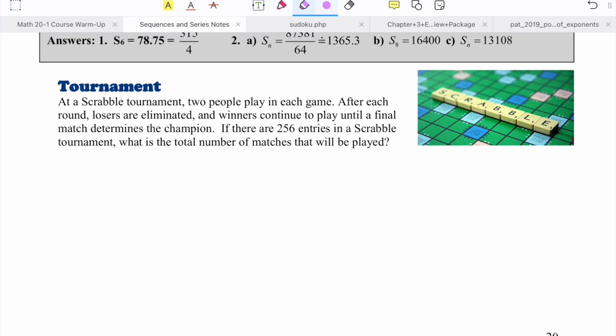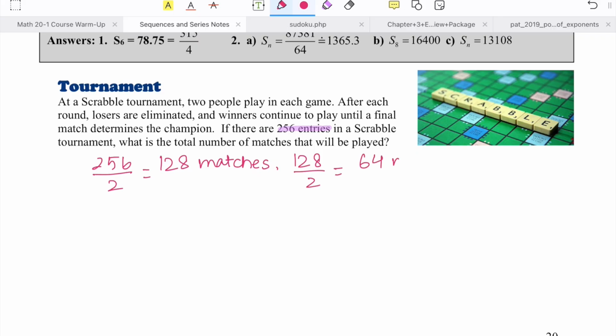Okay, so 256 are the number of people playing, but because there are 2 people playing in each match, the first round will have 128 matches, right? The second round will have 128 divided by 2, which is 64 matches.